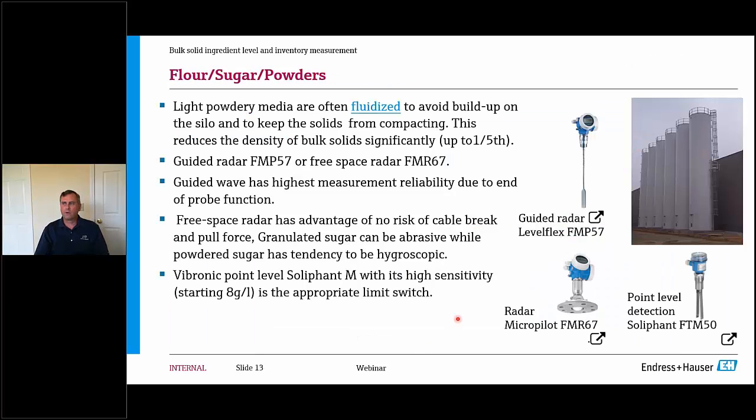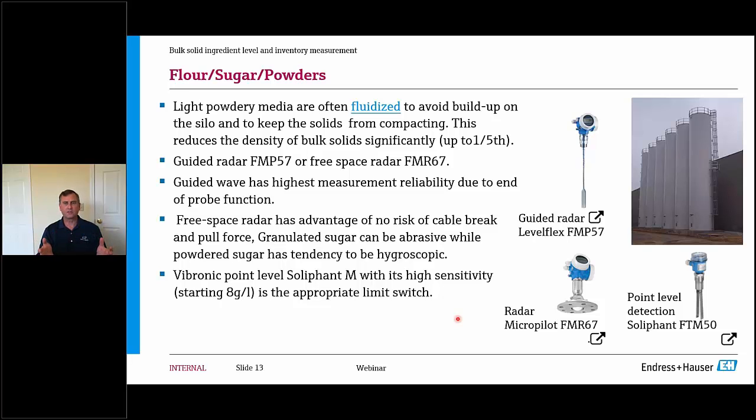So let's look at a couple of typical applications. If we start with some of the harder ones to do, some of the harder ones are really light, powdery media. It can be fluidized. Sometimes you actually have fluidized beds to lighten it up to make sure that it's not compacting, so now you have a very light bulk density.